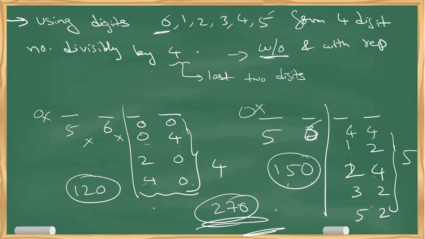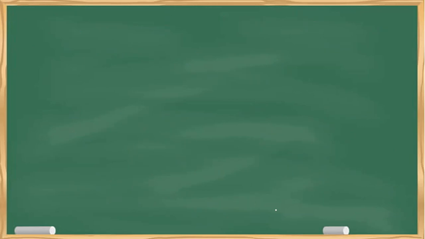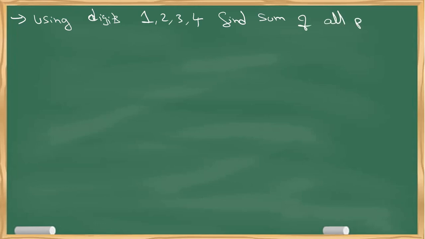Okay. So let's proceed further. Now this is one of the questions that was asked in CAT as well as competitive exams. It looks quite simple and it's quite easy as well if you understand. Using digits 1, 2, 3, 4, find the sum of all possible 4-digit numbers without repetition.